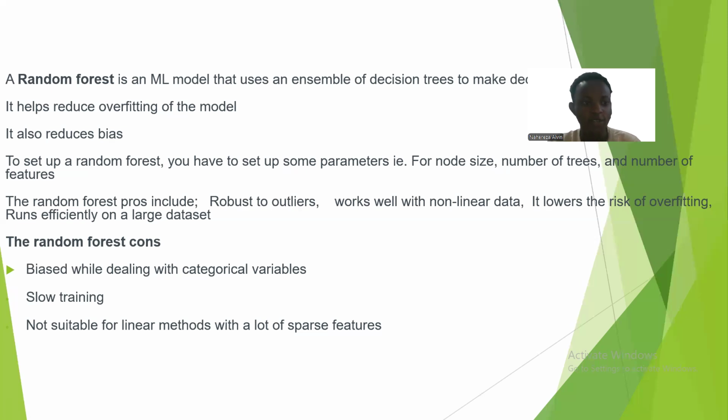So it reduces overfitting of the model. I've already talked about overfitting. Then it reduces bias. Bias happens when you are not even splitting your instance space. So instead of all data points, you might see half of the data.